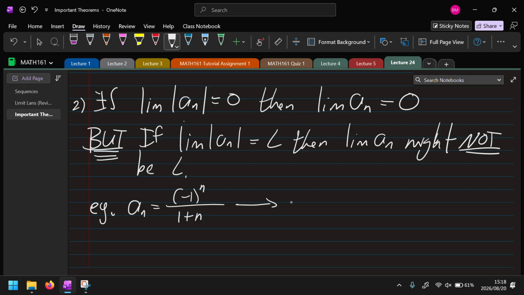However, if we convert this to the absolute value of a_n, the absolute value removes that alternating behavior. So it's no longer minus plus minus plus. That minus 1 to the n goes away. What is the limit of this absolute value sequence? 0.